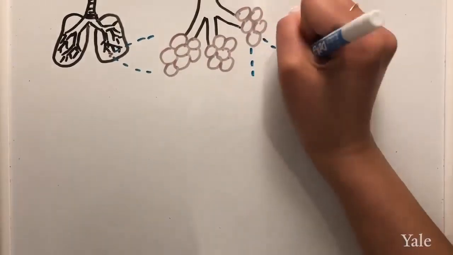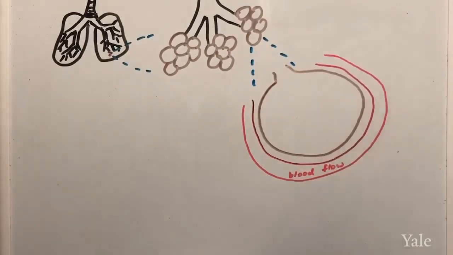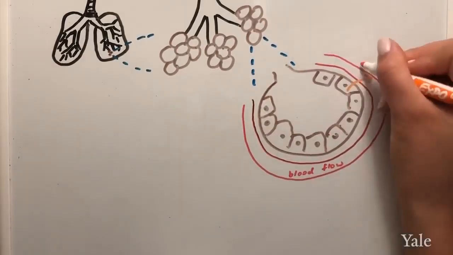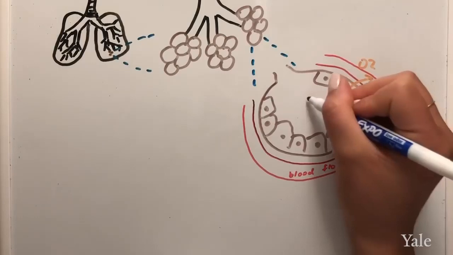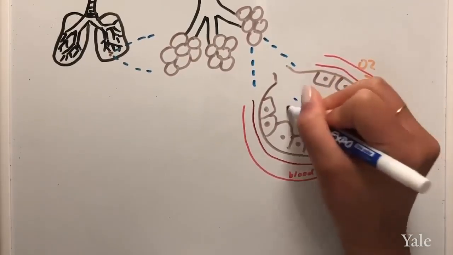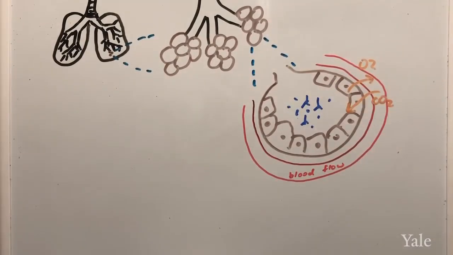Alveoli are air sacs in the lungs where gas exchange between O2, oxygen, and CO2, carbon dioxide, occurs. The virus attacks the cells in the alveoli, and when the body detects the virus, it signals an immune response to go into overdrive. Immune cells are sent to the alveoli, which cause them to swell and fill with fluid.